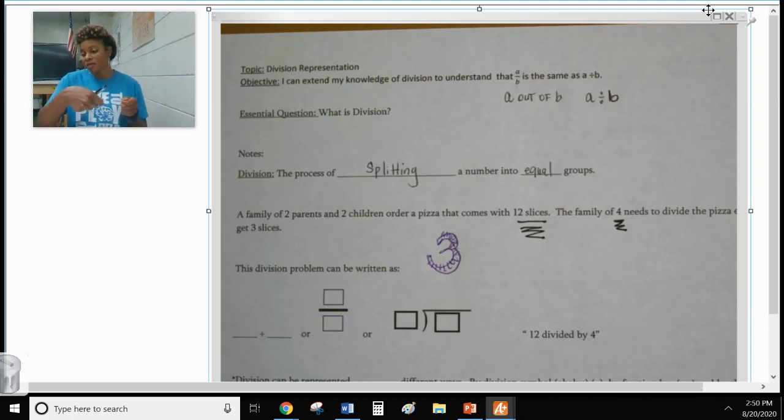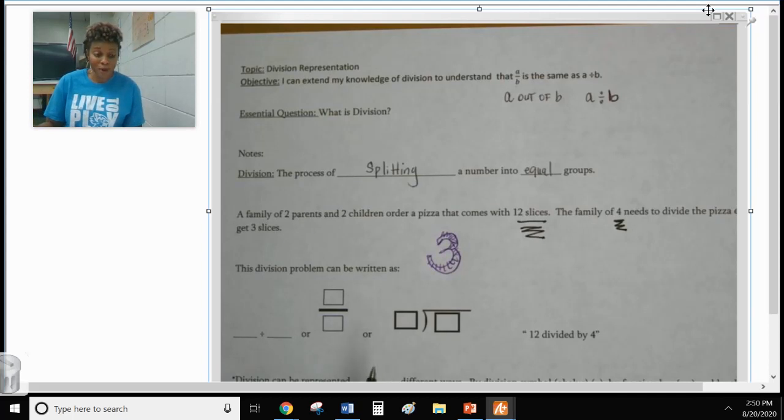So we can give 12 slices, one for you, one for you, one for me, to the 4 people. So our thing that we're dividing, our dividend, is the 12 slices. Our divisor is the 4 people.